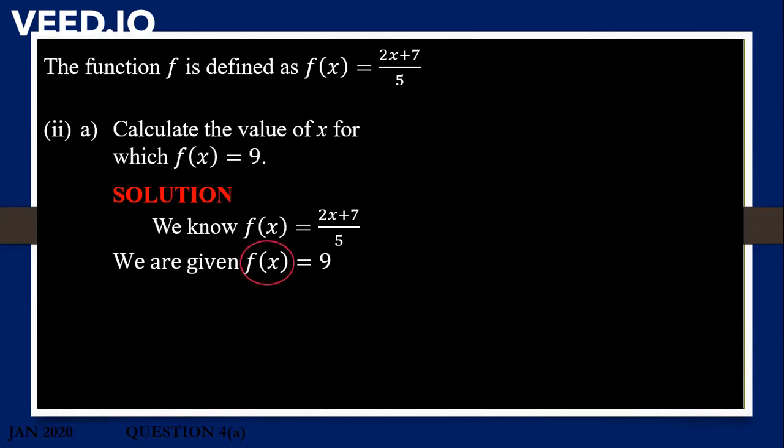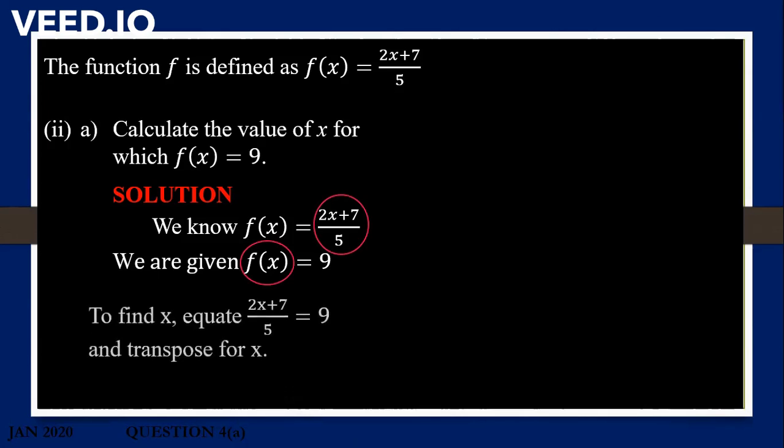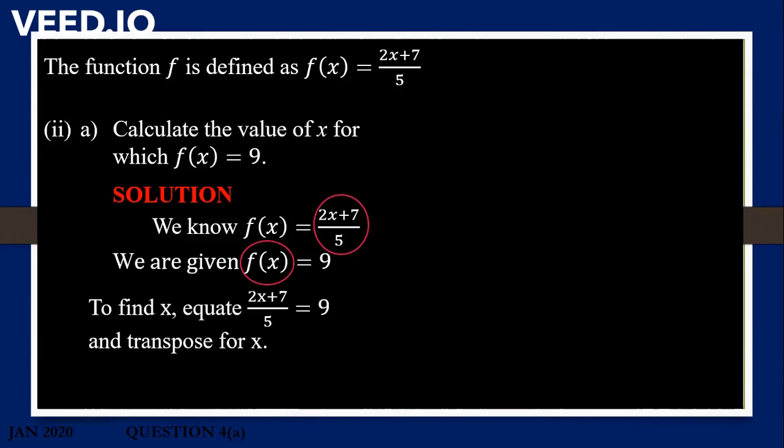So to find the input value, we are going to equate 2x plus 7 all divided by 5 is equal to 9 and transpose for x.